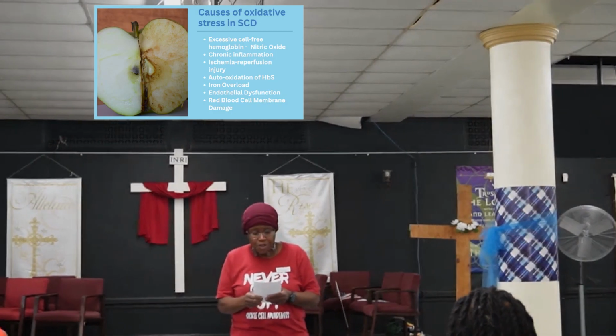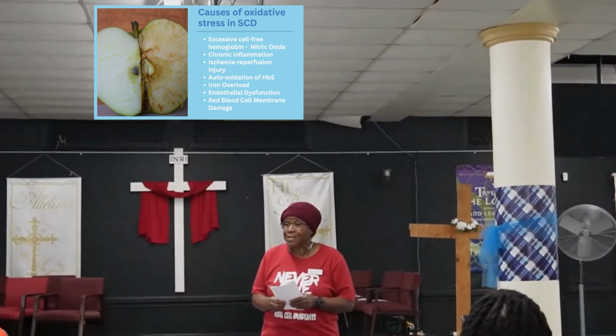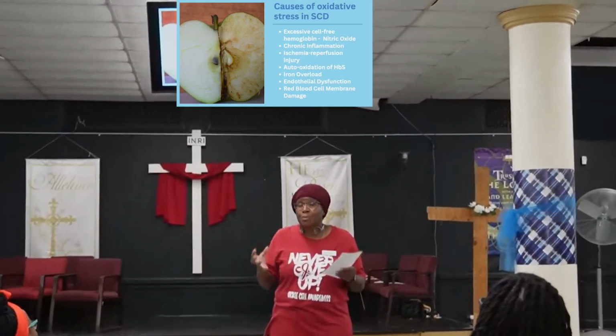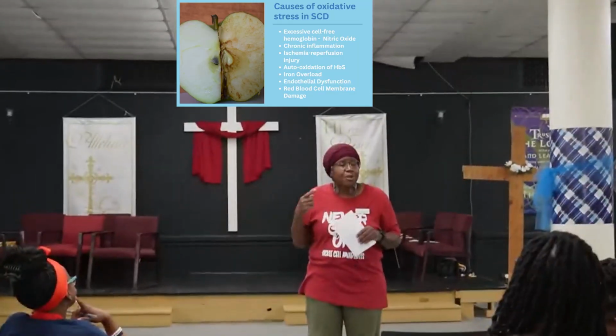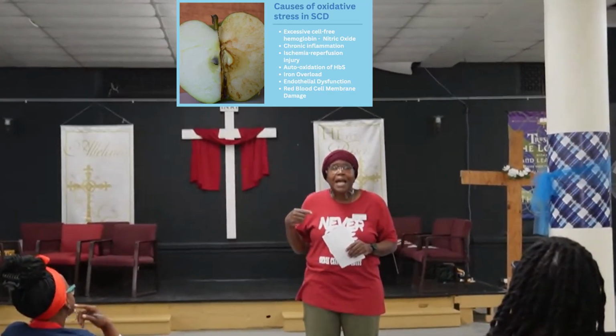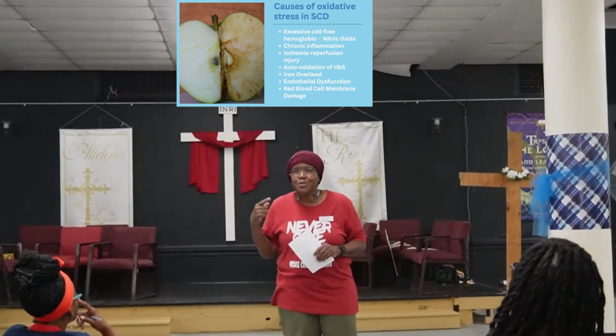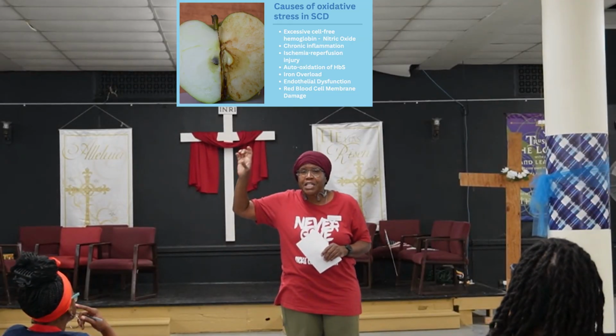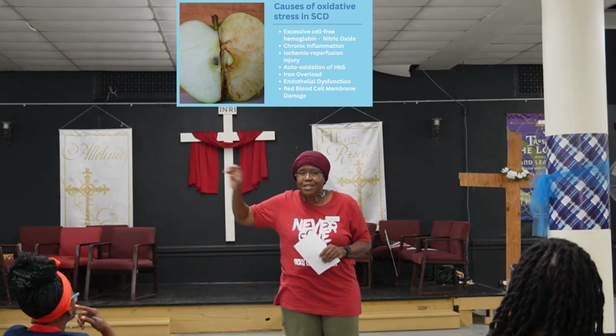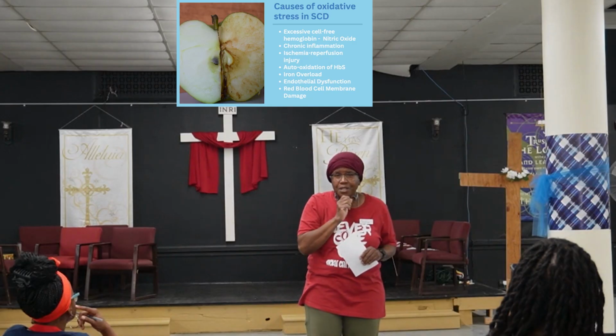There's also hemolysis, and that's what causes the breakdown of those cells. I said last week, and I want to see if you remember, how long does a sickle cell live? If a normal cell lives 120 days, how long does a sickle cell live?